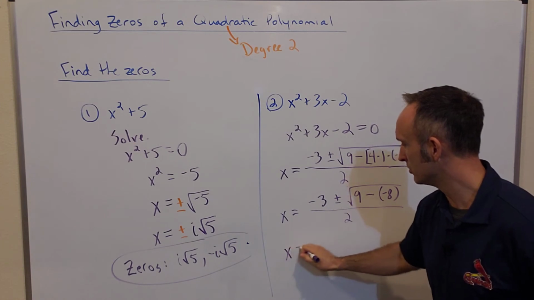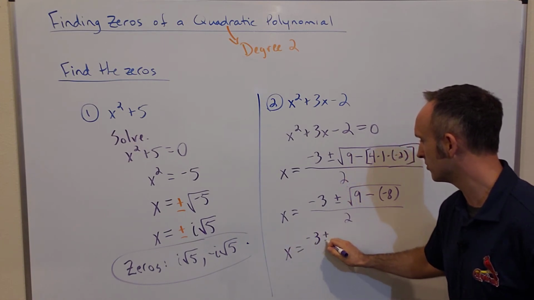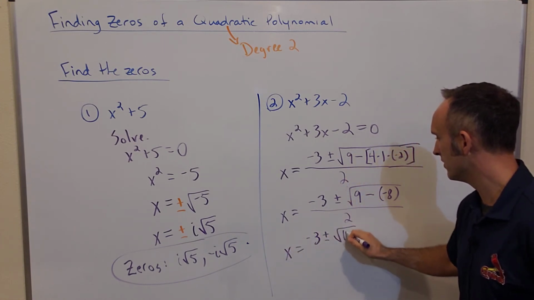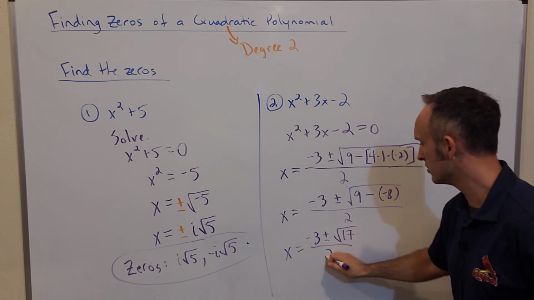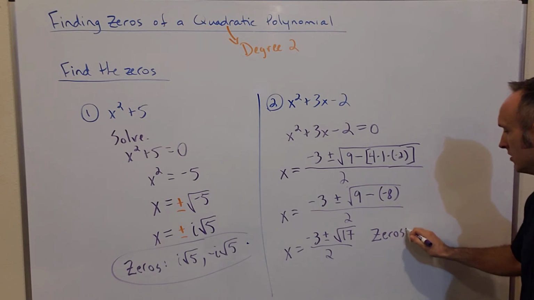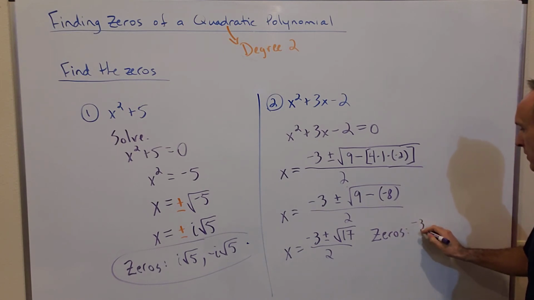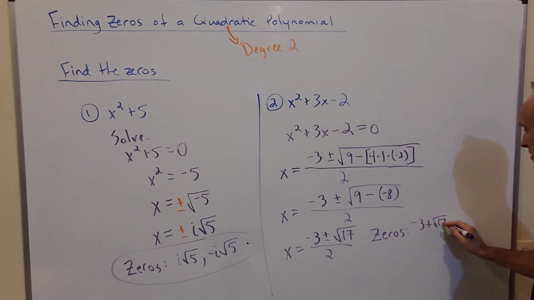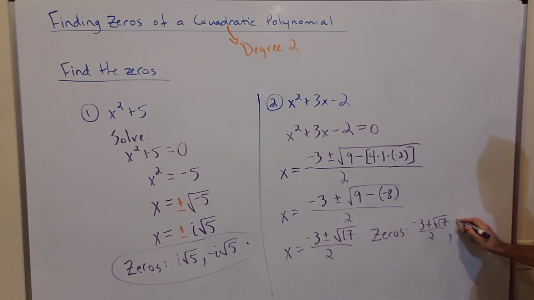So the zeros are -3 plus or minus the square root of 17 over 2. So if I were to list those zeros, they would be -3 plus the square root of 17 over 2, and the other one would be -3 minus the square root of 17 over 2. Okay?